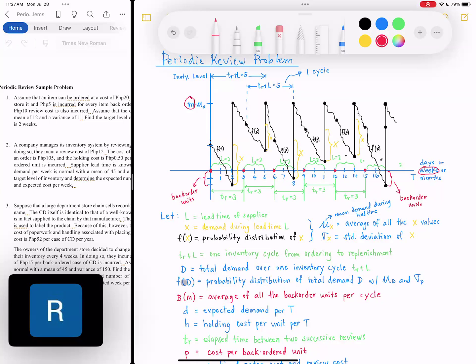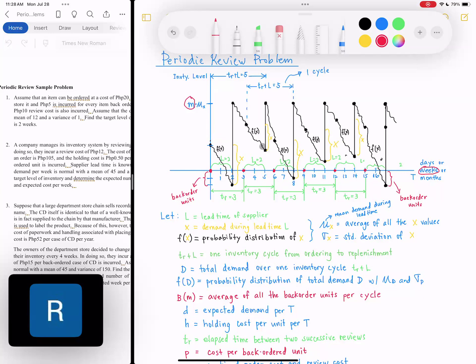Same goes with sigma D. Now, if the probability distribution of X, let's say, is normal, then the probability distribution of the total demand in TR plus L is also normal. So you will see that this pattern continues. This is the start of your review period, right? And then this is your demand pattern. You will see that this demand pattern will continue until the 8th week, from week 3 to week 8.